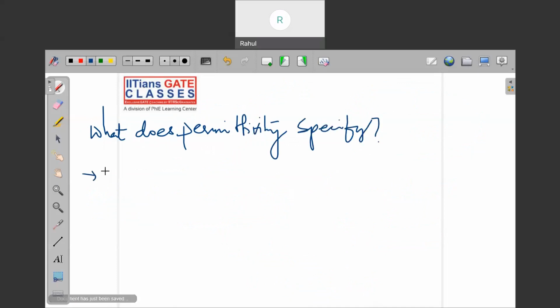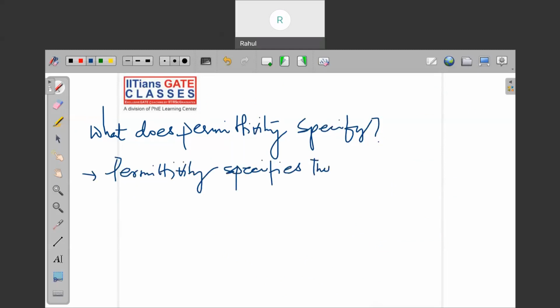Permittivity specifies the properties of the medium.